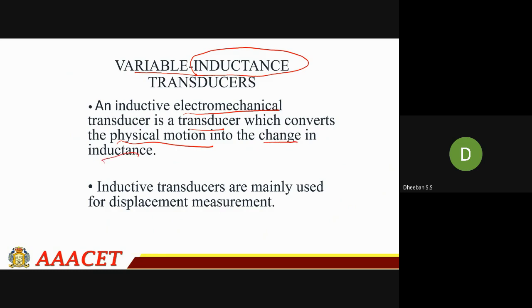So based upon the physical motion, the inductance gets varied. Physical motion means you can take this as a displacement value. Based upon its displacement value, the inductance gets varied. The inductive transducers are mainly used for displacement measurements, as I said.